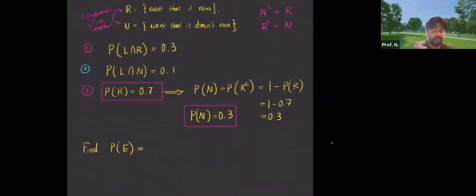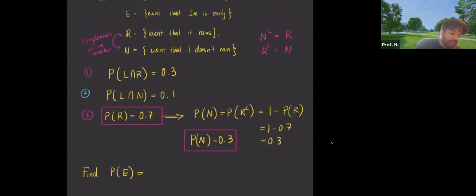Now, using the law of total probability, what would this look like? How would I find the probability of E? How would I find the probability that he's early?